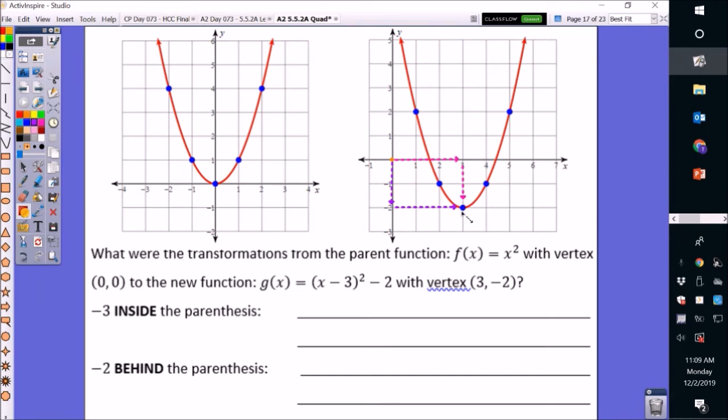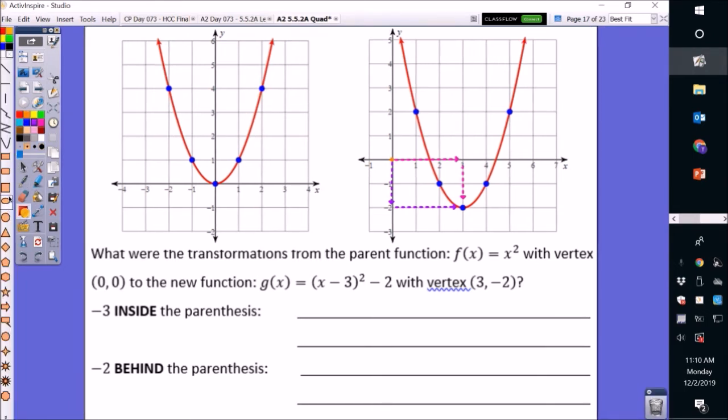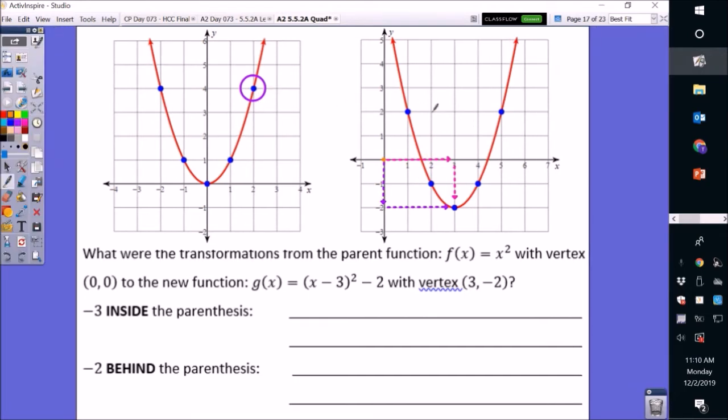Now let's take a look at the transformation. So basically it went right 3 units and then down 2 units. If I were to compare another point, say this point right here, let me circle that. If I focus on that point at 2, 4, which is right here, this is the third point of the right side of the parent function.